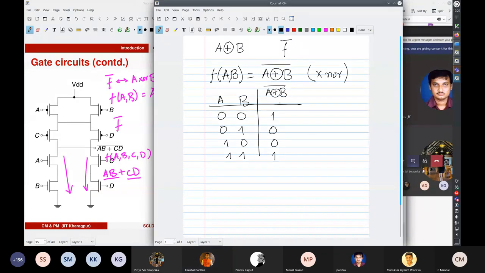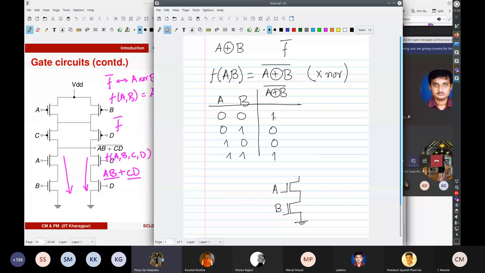Alright. So how can you have a conducting path to the ground? Let us see. So if this is your NMOS transistor, A, B. If A is high and B is high, you have a conducting path to the ground.